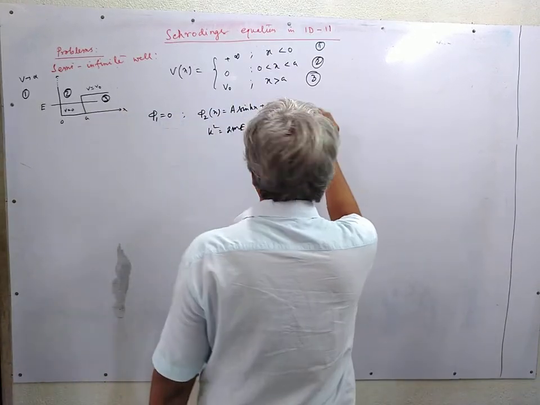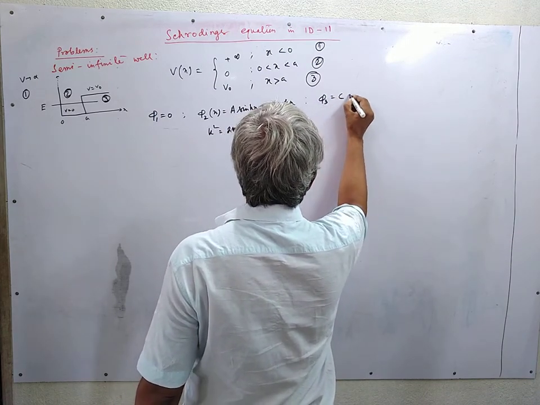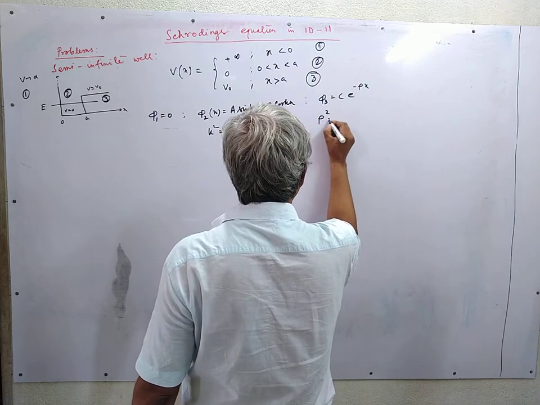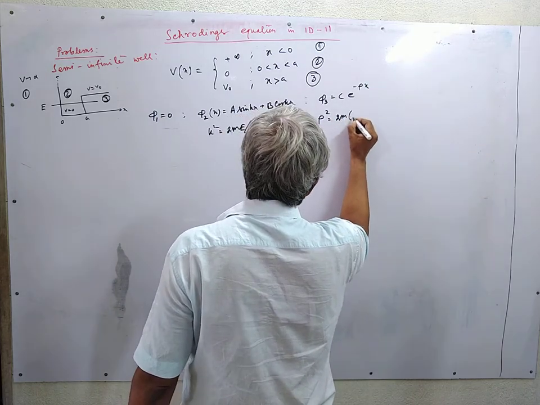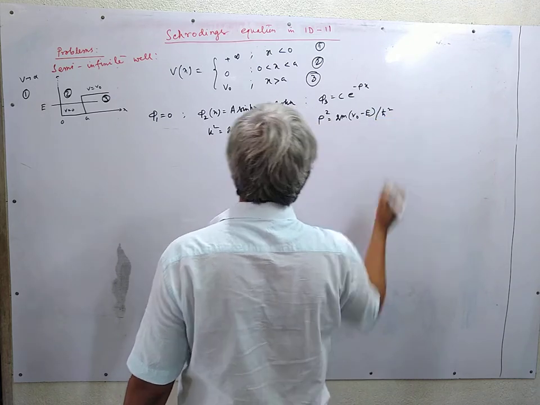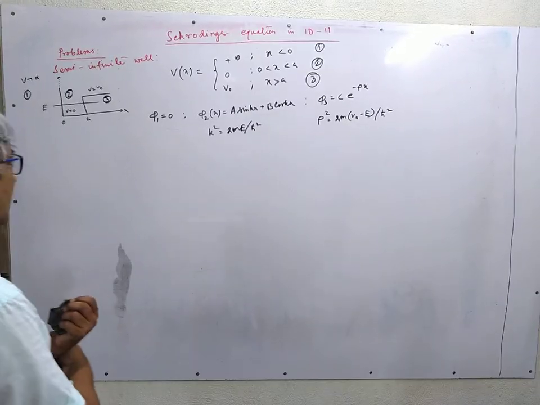For region 3 we write C e to the power minus rho x, with rho squared equal to 2m(V0 minus E) upon h-bar squared. Since V0 is greater than E, rho is a real quantity.